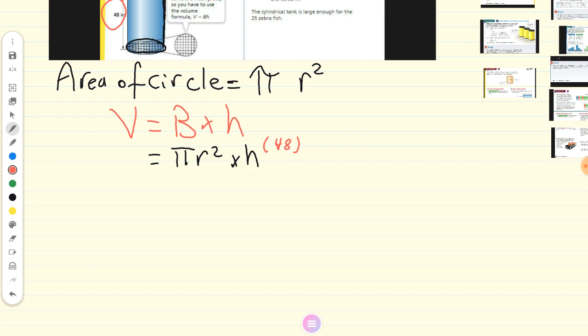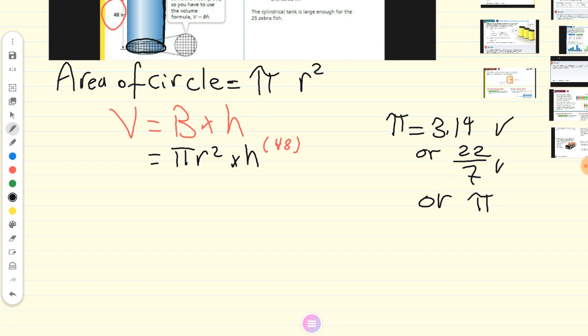What about pi? Pi is a constant number we studied before. It always takes the value 3.14, or 22 over 7, or you leave it as it is. When we use which one, he will tell you inside the problem.